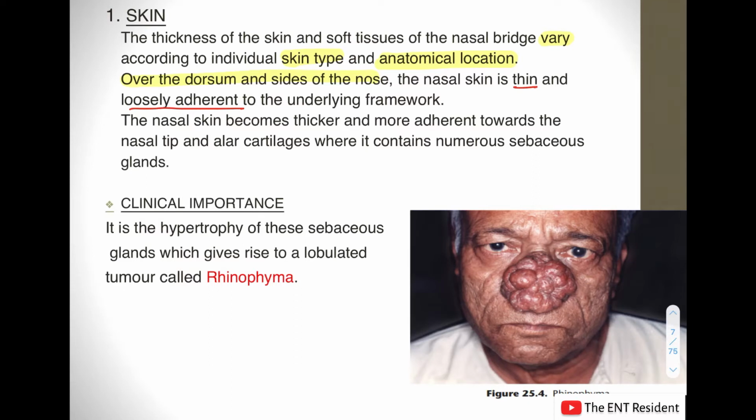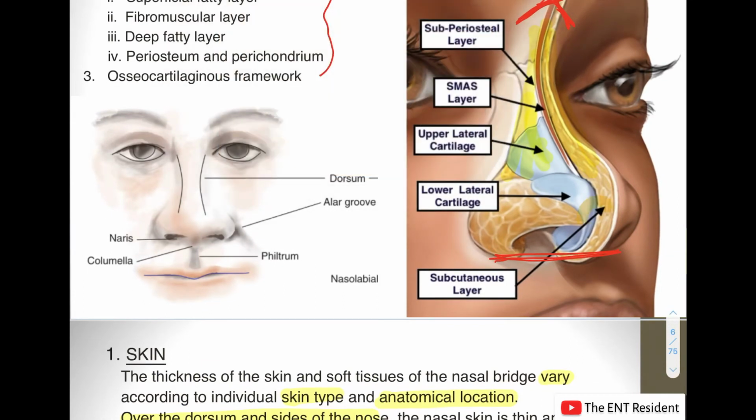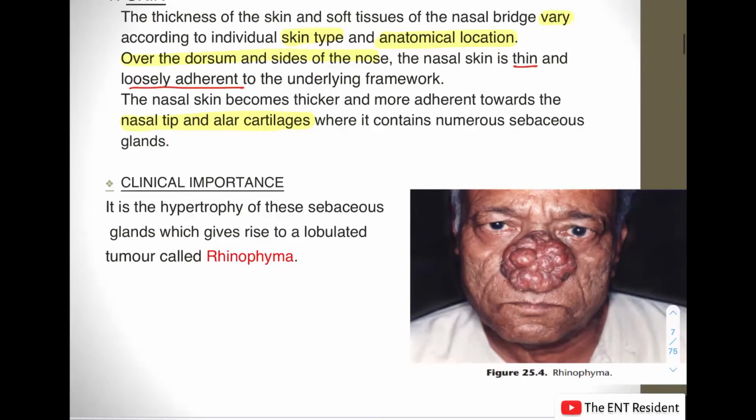Whereas if you go more towards the nasal tip and the alar cartilages, if you see in this picture, it will be this region. This is the nasal tip and this is the alar region. In this whole region, you will see that the nasal skin becomes much thicker and it is more adherent because this is where it contains the numerous sebaceous glands.